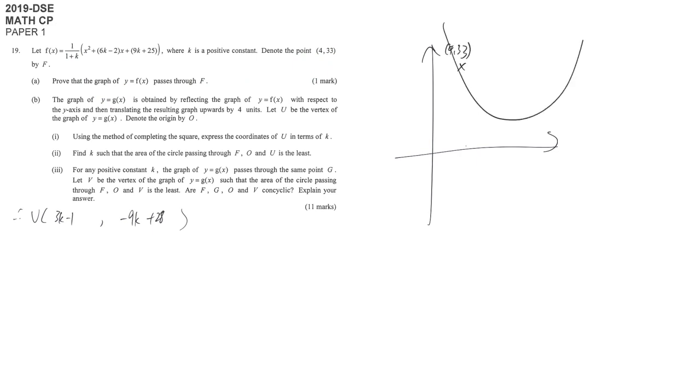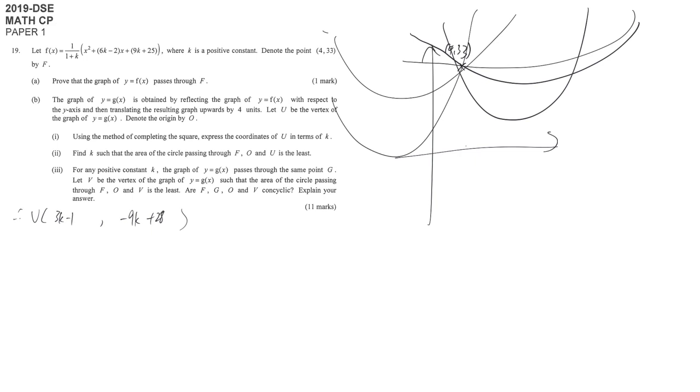The graph may be like this when k equals 1. When k equals 2, maybe it's like this. K equals 3, it is like this. Or if k is some other value, it may be like this, no one knows. For different shapes, we have different vertices. That means U is not fixed. It depends on what is the suitable value of k that you want. And the question here asks you to choose a suitable k such that the circle is the least one.